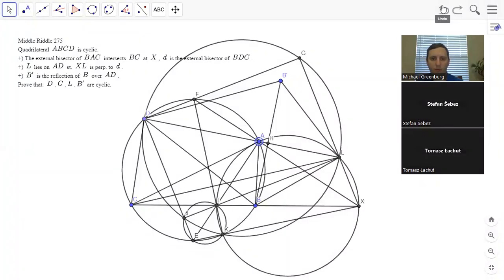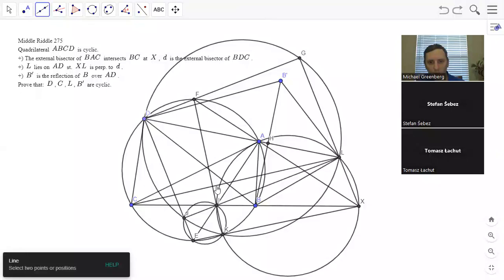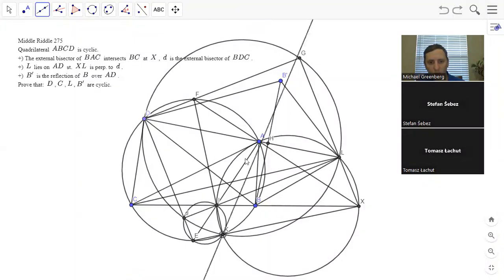What else can we figure out? There's a lot that passes through that point K. Like maybe we could invert about K or something.